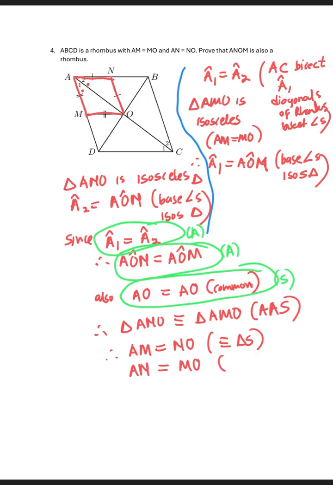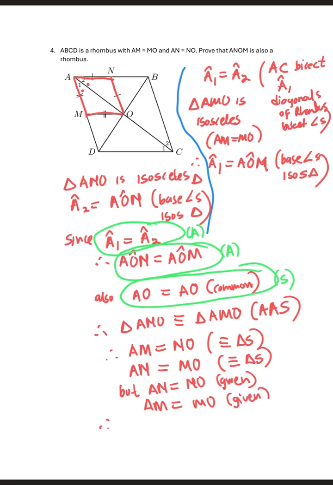Reason: congruent triangles, right? But AN is equal to NO, given, and AM is equal to MO is also given.